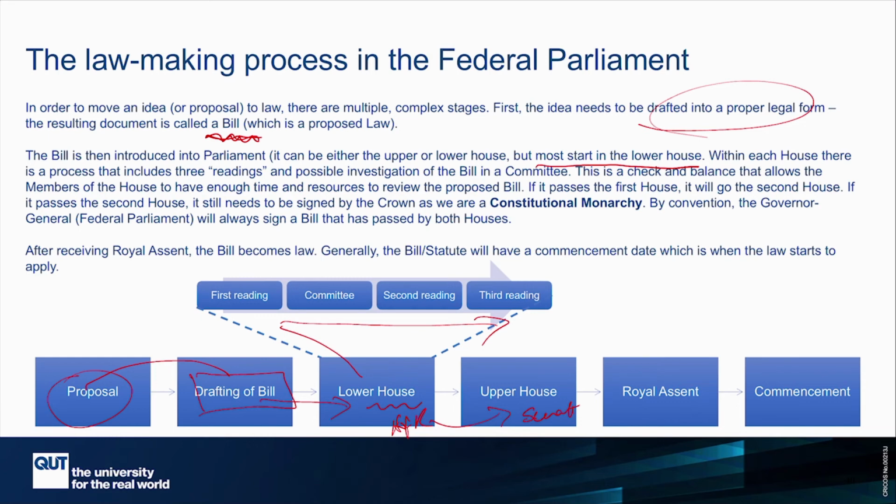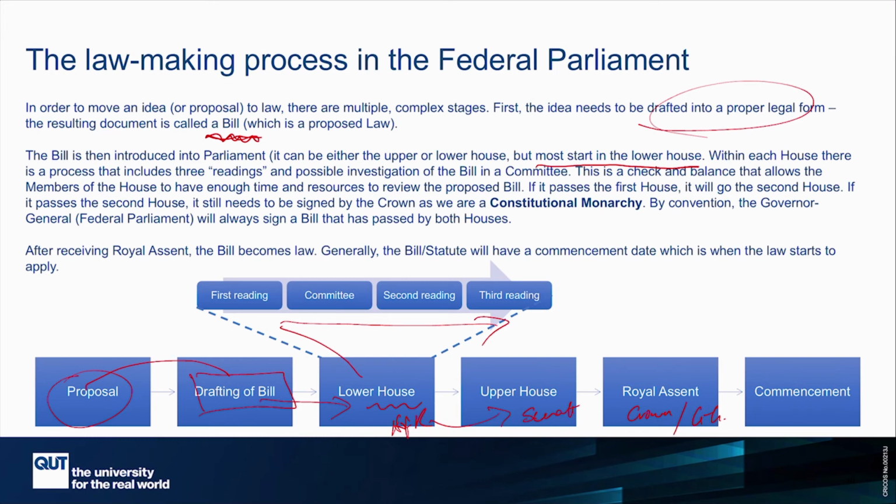If it passes the second house, it gets royal assent. It's signed by the Crown, which federally would be the Governor-General. By convention, the Governor-General or the Governor at a state level will always sign a bill that's passed both houses. After it becomes royal assent, the bill becomes law.